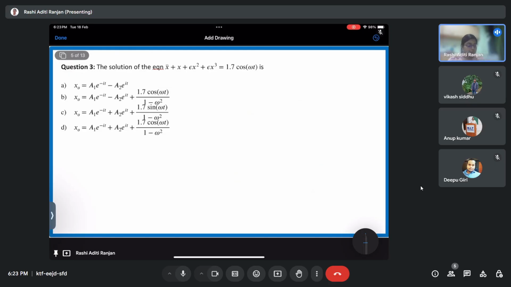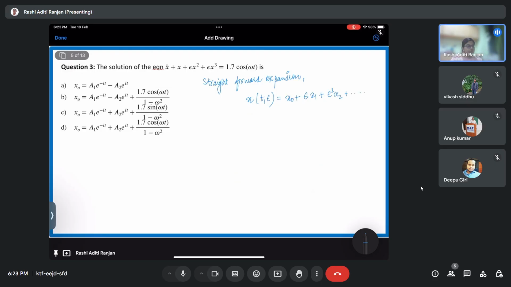Okay, so if you remember, in straightforward expansion, we used to consider x as x naught plus epsilon x1, likewise till whatever term we want.